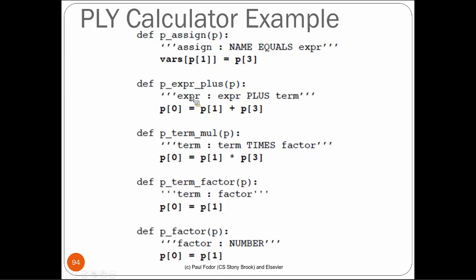P of 0 stands for the left hand side of the production rule. Similarly for multiplication, if we know the value of the inner term and the factor, we can multiply them to get the value of the outer term, the left hand side of the production rule. And the same applies to factor and number. Basically, if we know the value of the number P of 1 or the factor P of 1, we assign it to P of 0, the value of the term or the factor.